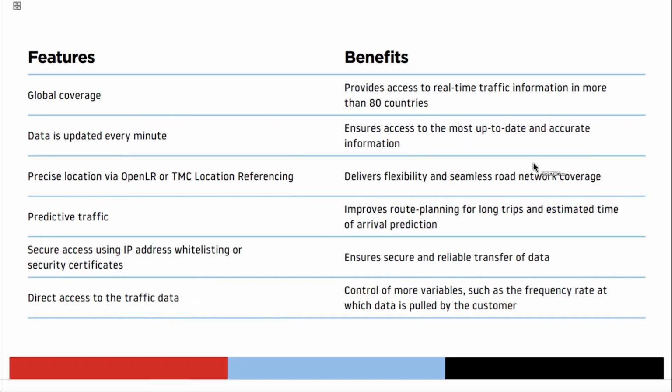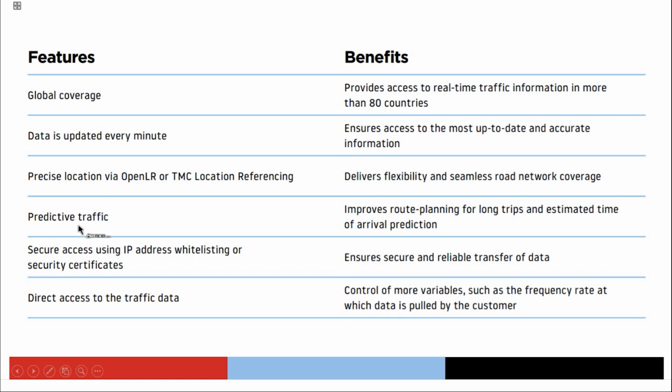Some benefits: we have 81 countries around the world, so pretty much global coverage. The data is updated every minute. You can use two types of location referencing, so you can use OpenLR or TMC. We have predictive traffic.